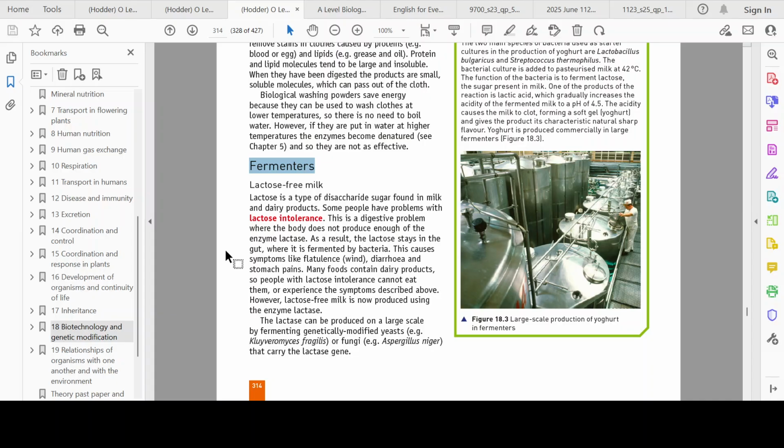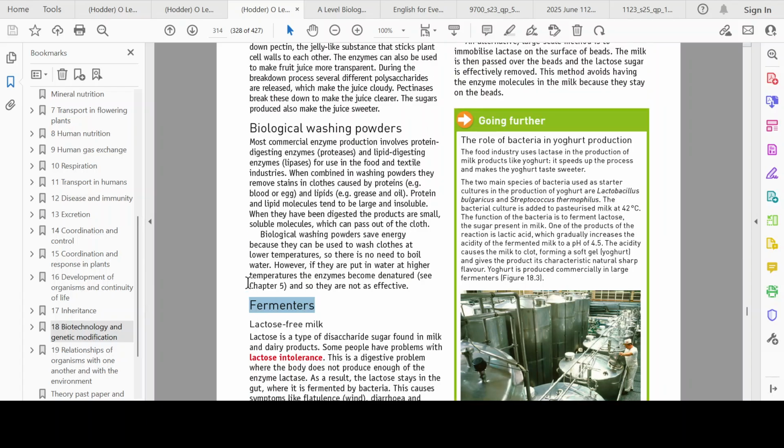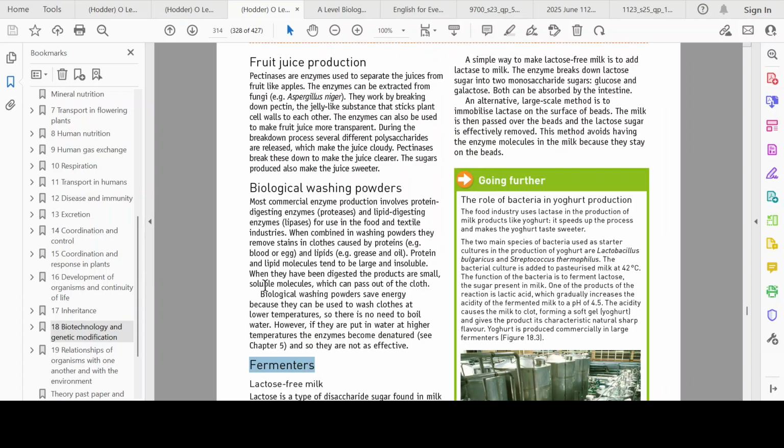So the lactase enzyme is added to milk in these fermenters to break down the lactose, so that way the people who are lactose intolerant can consume the milk and it's possibly sweeter. I've never tried it honestly, but again, you have more sugar in it, so to speak, as compared to regular milk, right?